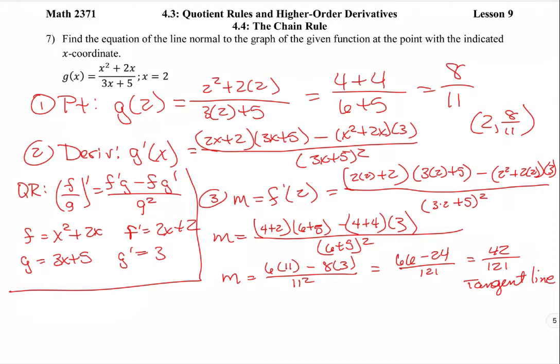So then my normal line slope is negative 1 over m because it's perpendicular to the tangent. So that makes it negative 121 over 42.